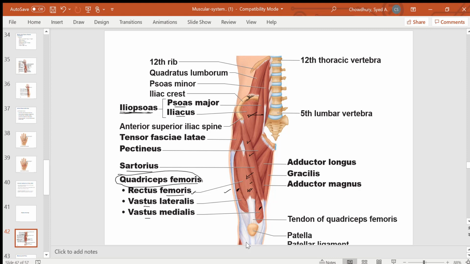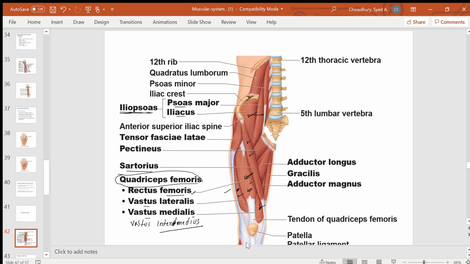Which four muscles? Rectus femoris, three vasti: vastus lateralis, vastus medialis, and vastus intermedius. Make sense?